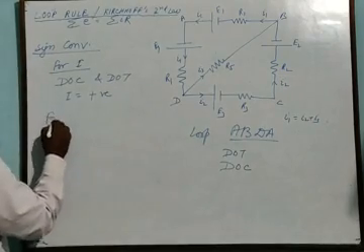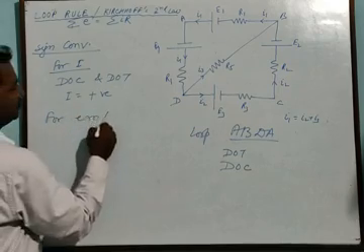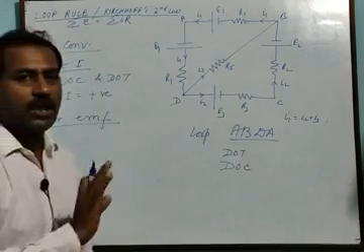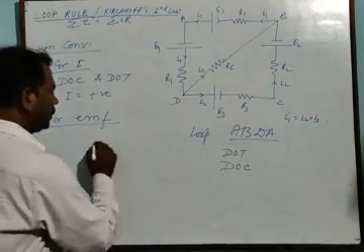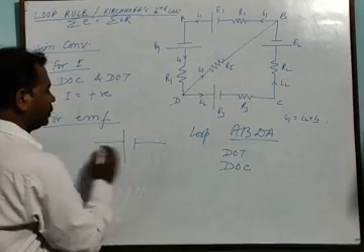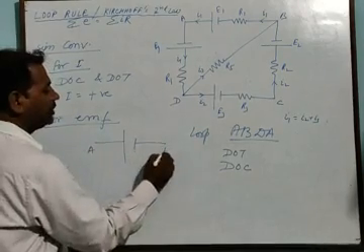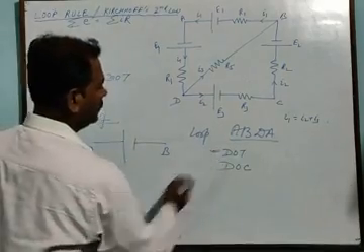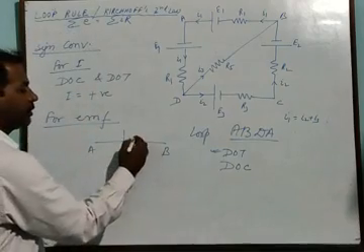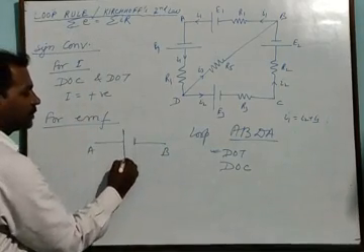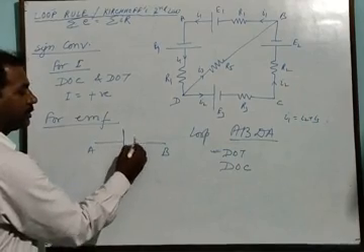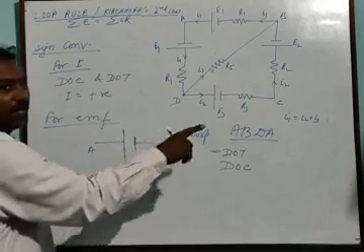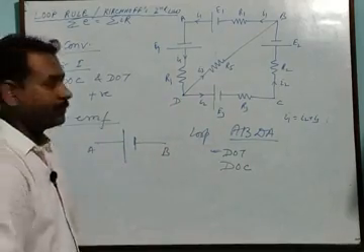Now for EMF, whatever the direction of current is hardly matters. If you are going from A to B, so your direction of traveling is from A to B. So you are touching first the positive terminal and then entering into the negative. Depending upon the exiting part, you will take the EMF.